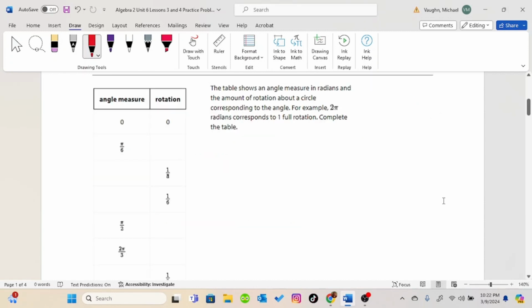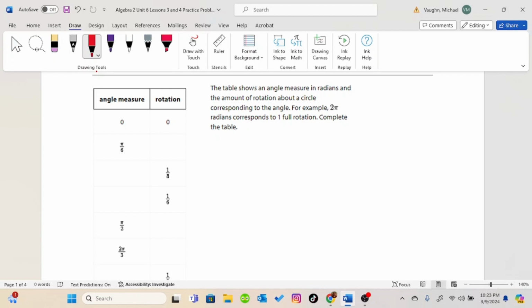The table shows an angle measure in radians and the amount of rotation about a circle corresponding to the angle. For example, 2 pi radians corresponds to 1 full rotation. Complete the table. So, if we have an angle measure of 0, we have not rotated around the circle at all.